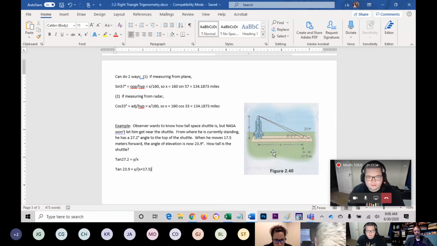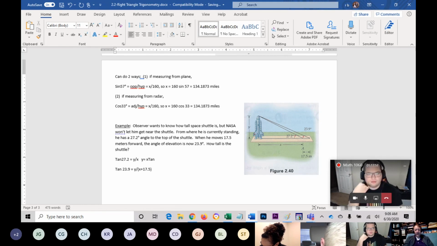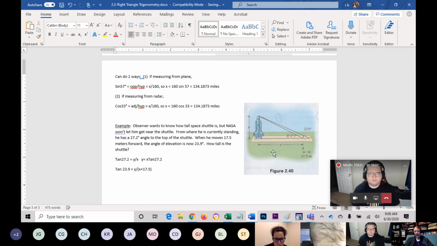Now, we can solve either of those equations for y, right? Correct. And so let's do the top one. If we solve it for y, then we're going to get y equals x times the tangent of 27.2. Would that be helpful?